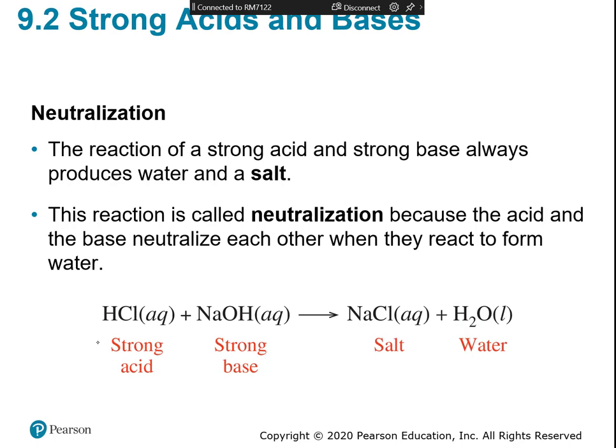But if I take these two and mix them in equal molecules, I end up with sodium chloride and water. So I end up with just salt water. Is salt water reactive? No. So this neutralization reaction, it takes the very reactive molecules and converts them to extremely stable solution where there's no acid or base, it's just a neutral salt dissolved in water.